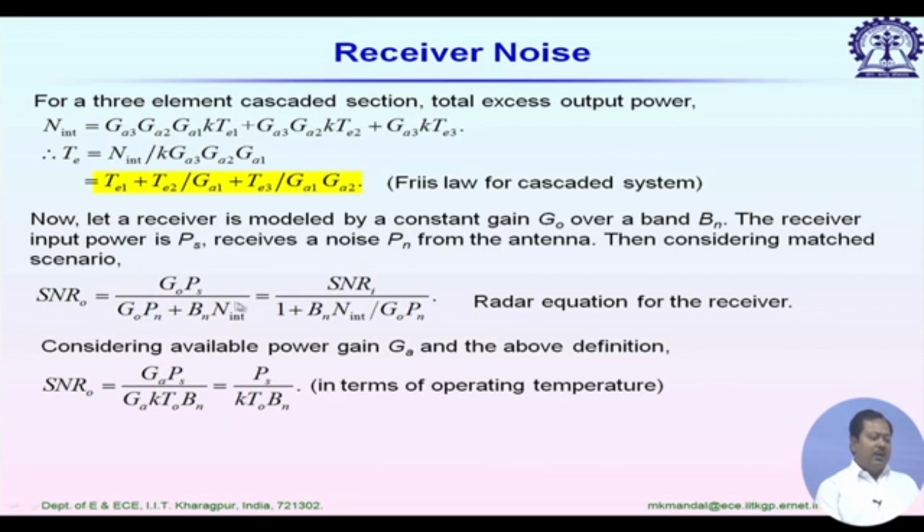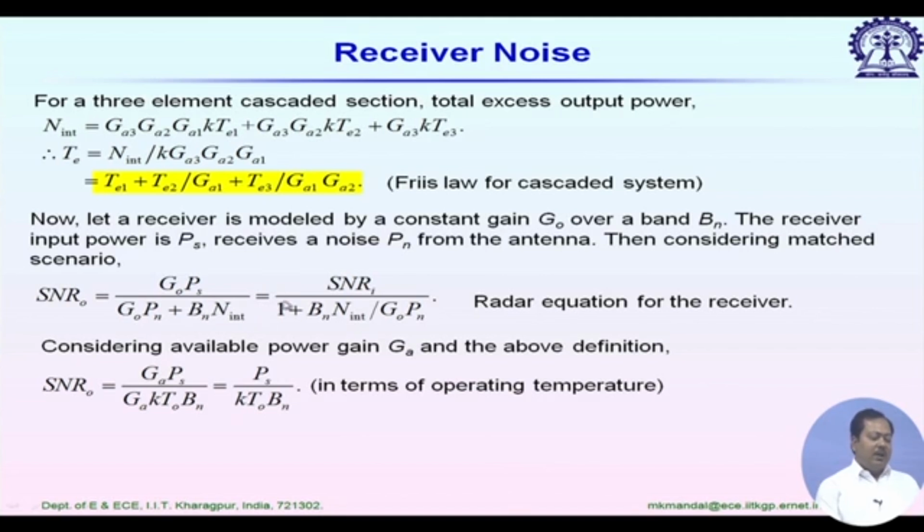And what is the output noise power? On the left hand side we receive noise Pn, which is amplified by G naught by the receiver chain, plus some internal noise contribution of the receiver over bandwidth Bn, so Bn multiplied by n internal.